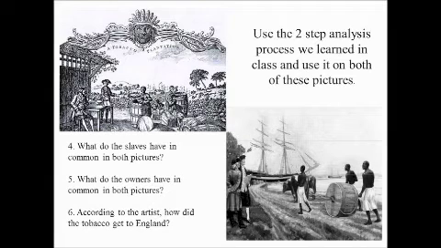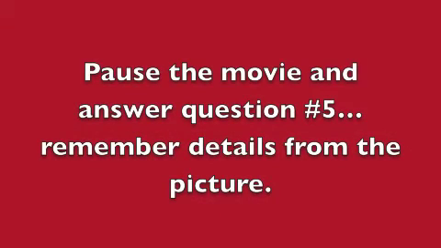Question 5. What do the owners have in common in both pictures? So again, exactly what did you see in the pictures? What details were in both pictures do the owners in both pictures have in common? All right.